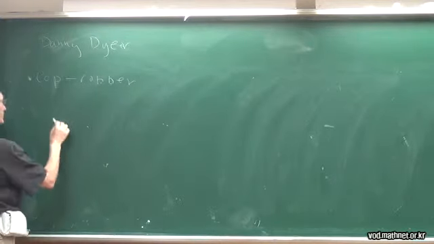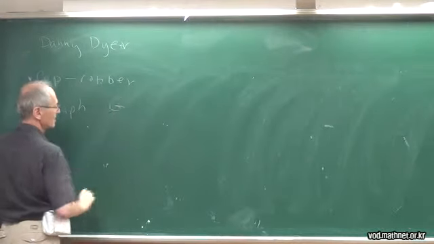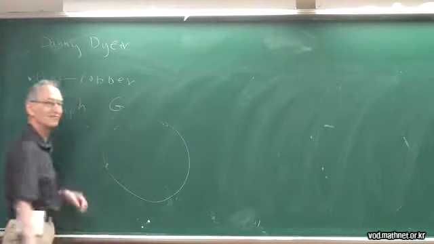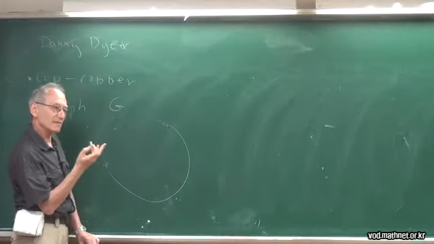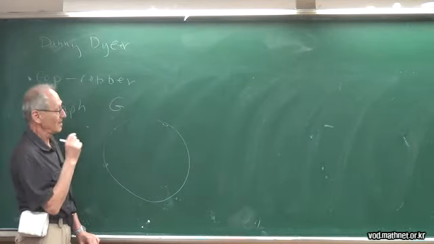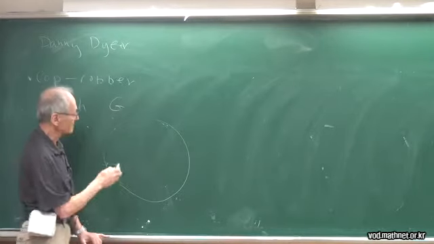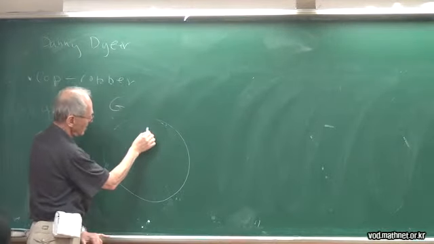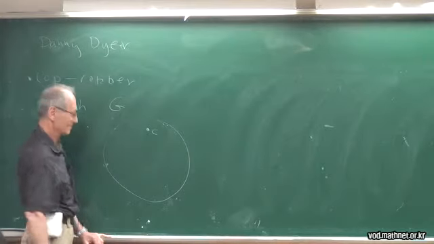You take a graph. Here's a graph. And the game is played by two players, a cop and a robber. And this is the basic game. There are many variants I'll mention in a minute. The cop chooses a vertex.